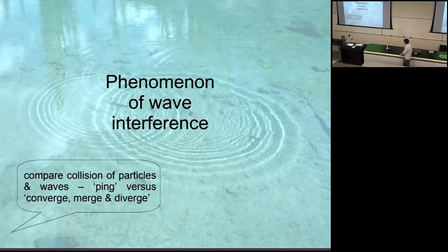Okay. So let's introduce the phenomenon of wave interference. The starting point is to imagine the collisions of waves, they might be water waves, sound waves, light waves, versus the collision of particles, maybe a baseball or a billiard ball or a football. Collisions of waves and collisions of particles are very different.